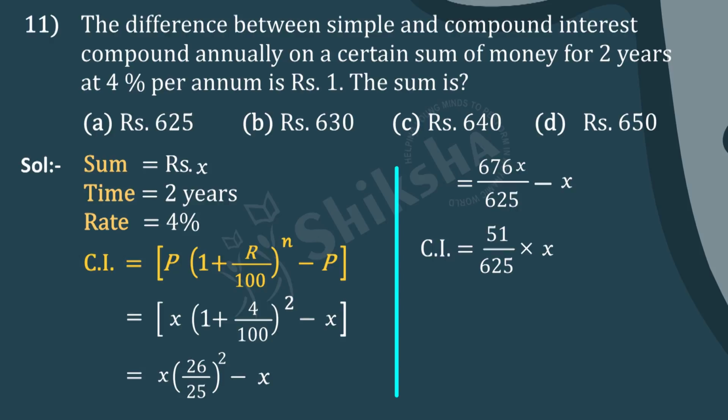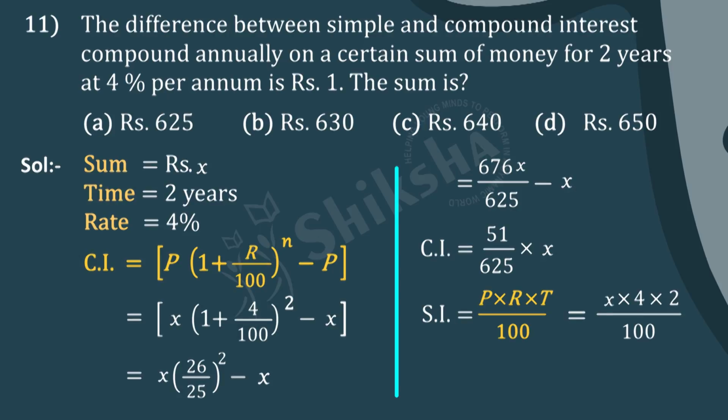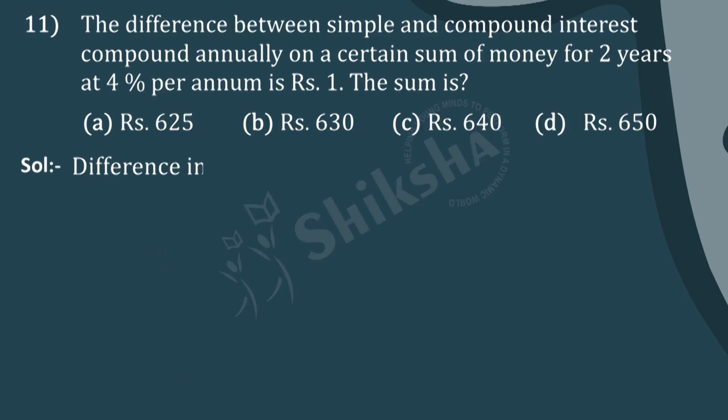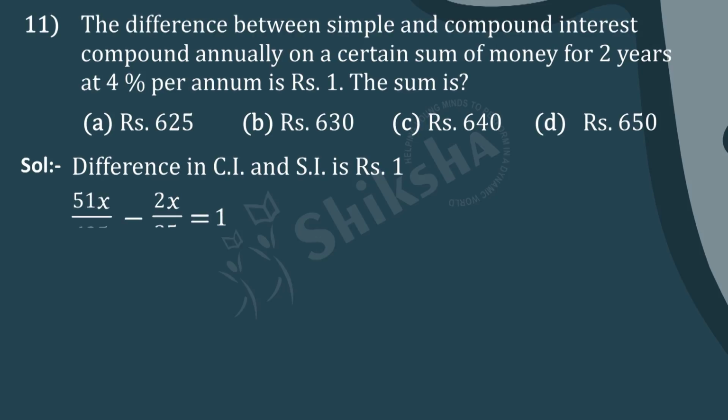Now the simple interest formula is P into R into T divided by 100. Putting in the values, simple interest equals x into 4 into 2 divided by 100, that is simple interest equals 2x by 25. Now in the question it is said that the difference in CI and SI is rupees 1. So compound interest minus simple interest gives the equation 51x divided by 625 minus 2x by 25 equals 1.